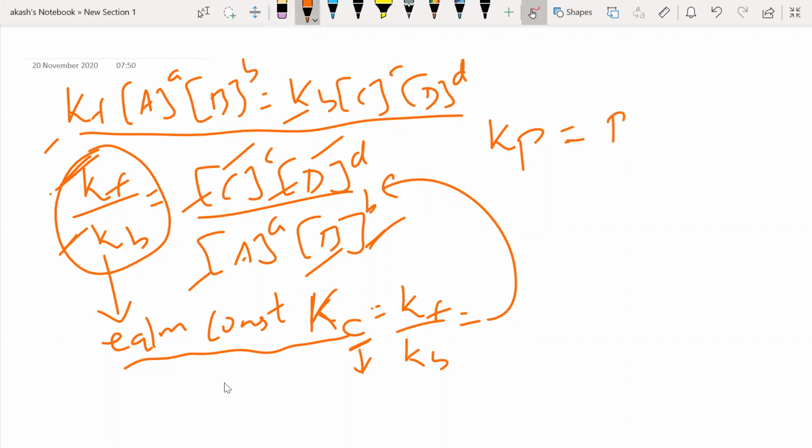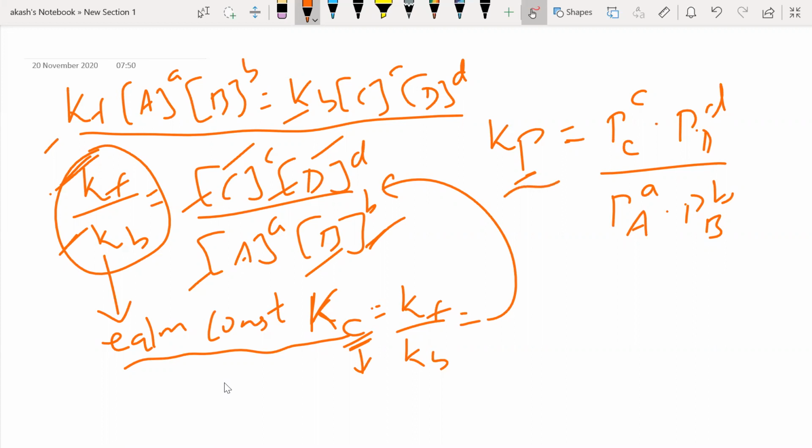So Pc power c, partial pressure of D power d divided by partial pressure of A power a and partial pressure of B power b. Again, that's my Kp. P denotes pressure and c represents concentration. So both of these are equilibrium constants. This is the equilibrium constant in terms of pressure. This is the equilibrium constant in terms of concentration.